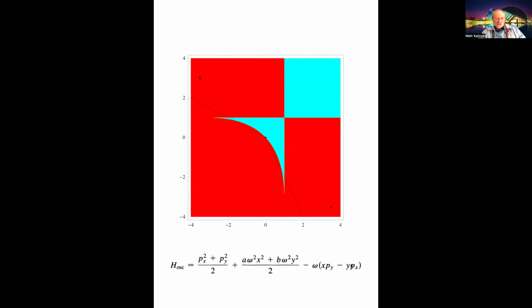This is omega L_z basically, where x p_y minus y p_x is L_z, and you allow this harmonic oscillator to have negative curvature, which is a hill in one direction and a minimum in the second. Generally you can consider this Hamiltonian when there are both A and B, and B is negative.